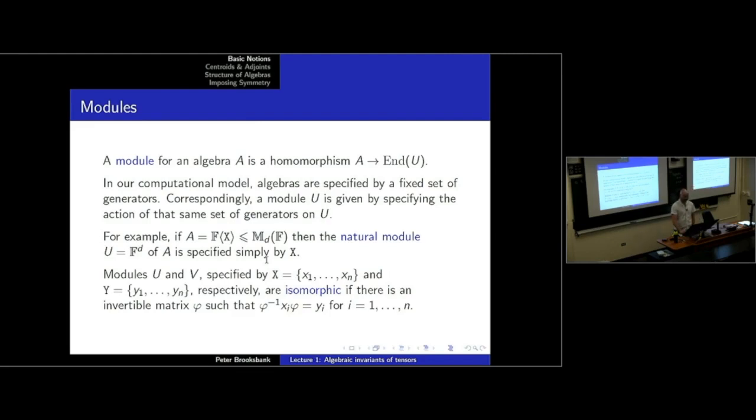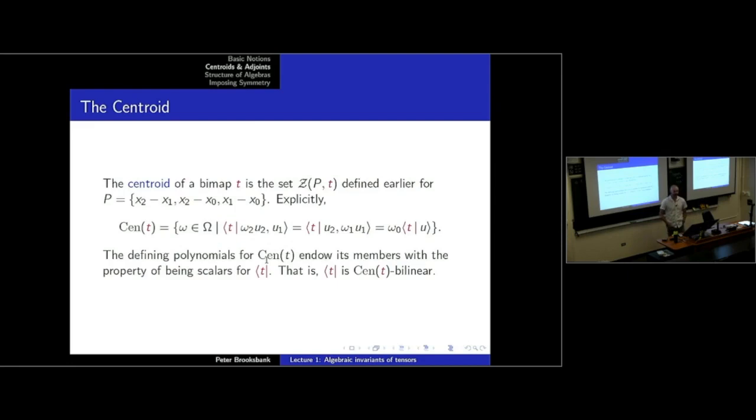Great. So I think that's the basics. Let me move on then to the centroid ring. So what is the centroid? If you remember, it was defined by this trio of polynomials: x2 minus x1, x2 minus x0, x1 minus x0.